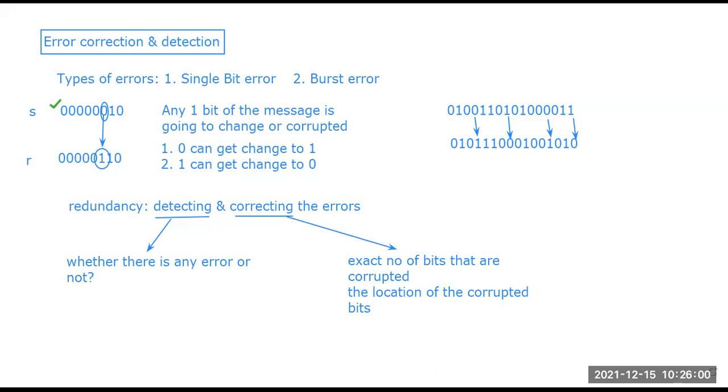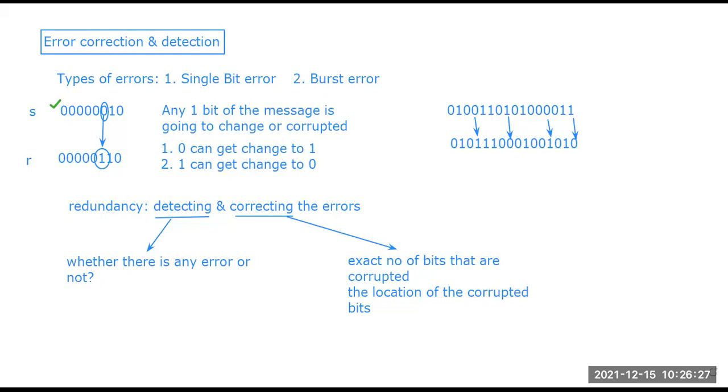These redundant bits create a bond between the redundant bits and the data bits, because the whole thing is added in with the message. So when it is transmitted through the transmission medium, the whole thing is considered as a message.